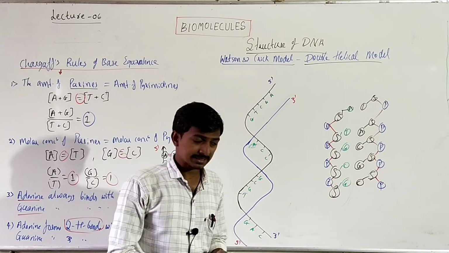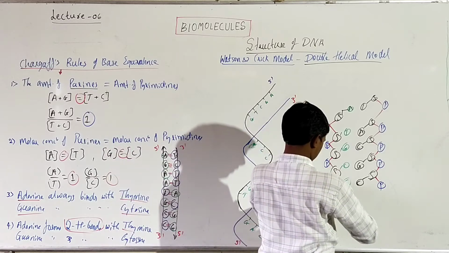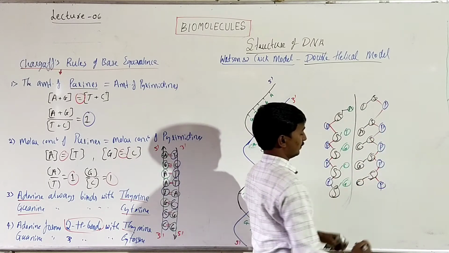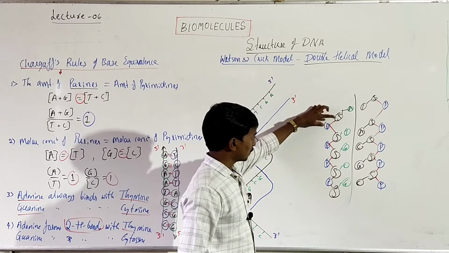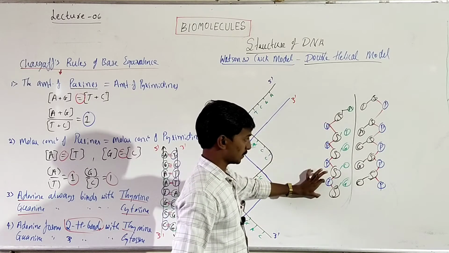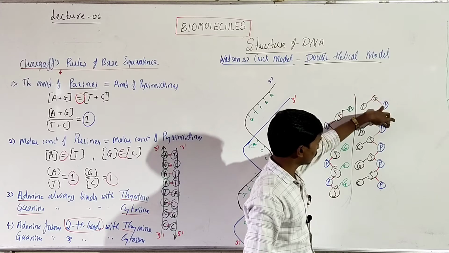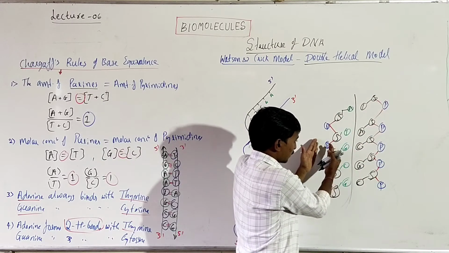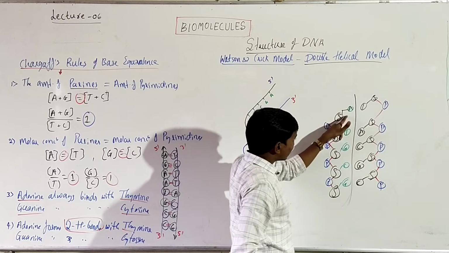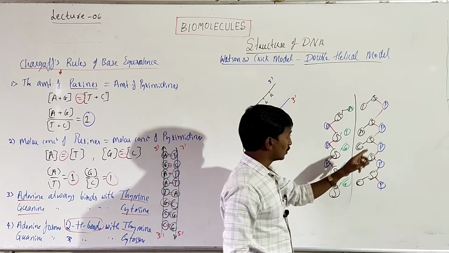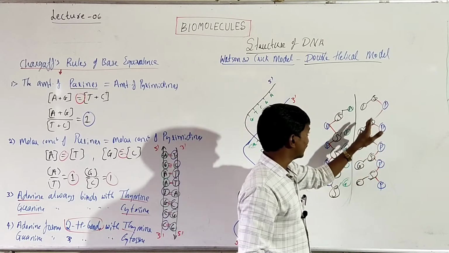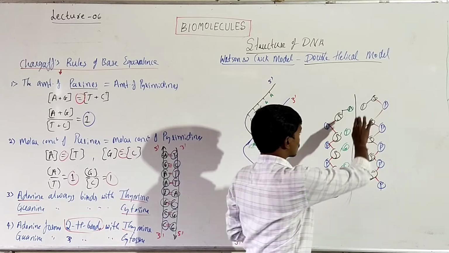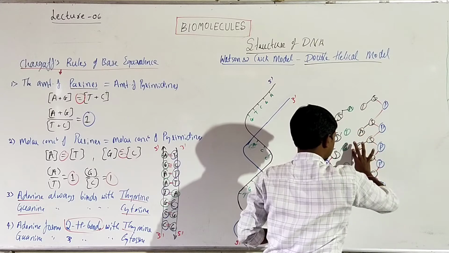So can you see the difference here? This is one strand. This is another strand. Sugar, phosphate. Phosphate on the outer side, nitrogen bases on the inner side. Right? So this is how we have the arrangement here.